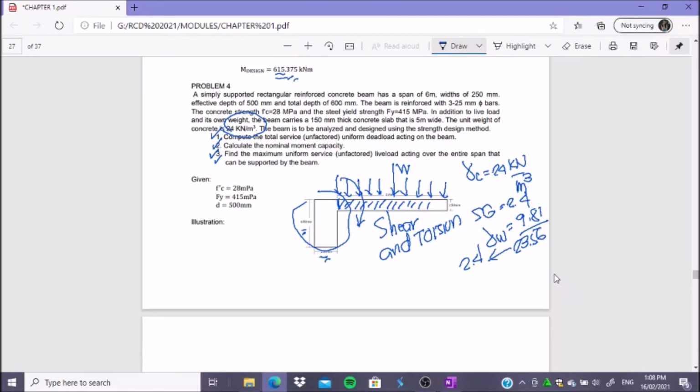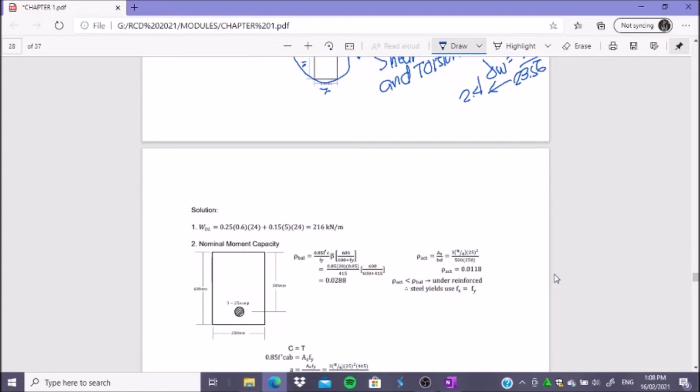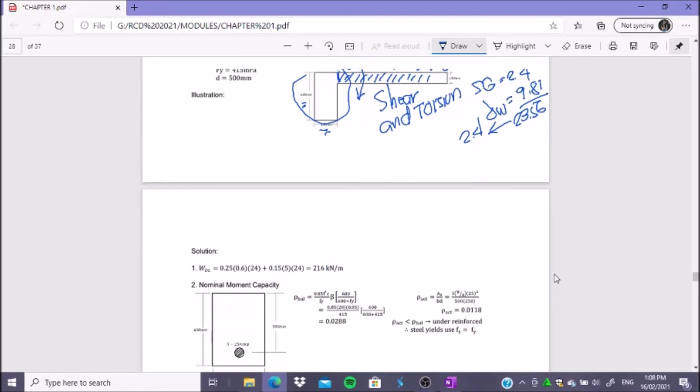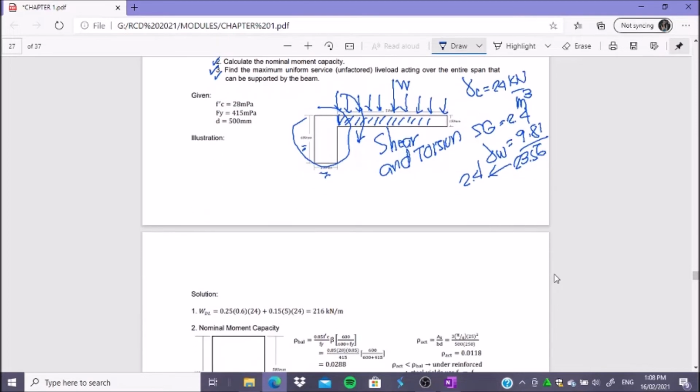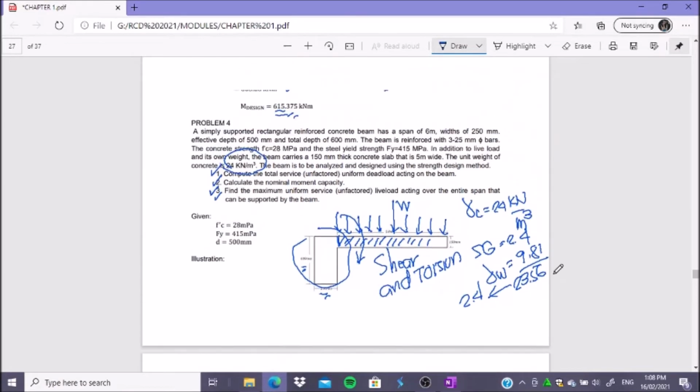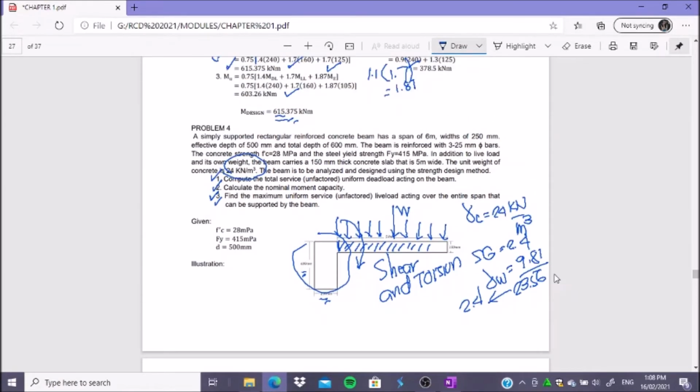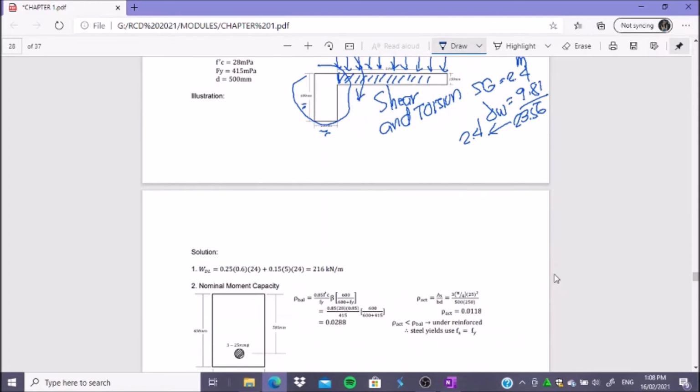So for the solution, ano ba yung first question? Compute the total service uniform dead load acting on the beam. Kailangan, since yung given is yung mga superimposed dead load pa lang yan, hindi pa kasama yung weight ng slab, kaya kailangan natin compute.